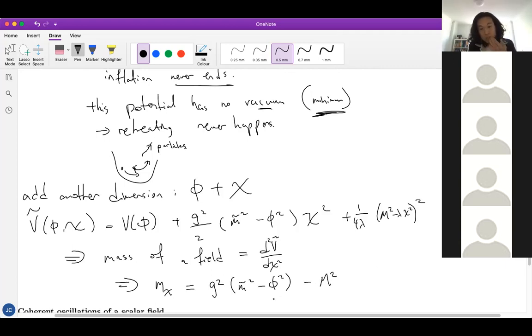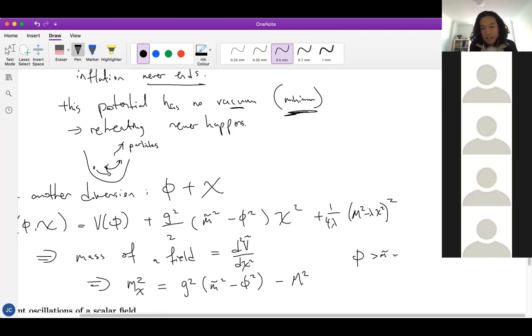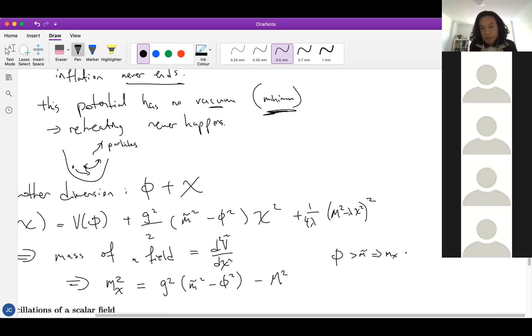Okay, so this is pretty interesting now, because if phi is larger than M tilde, then this term is negative. Oh, sorry, this is M squared. So this term is negative. What that implies is that in that regime, M chi is imaginary. And then when phi falls below M tilde, M chi suddenly becomes real.